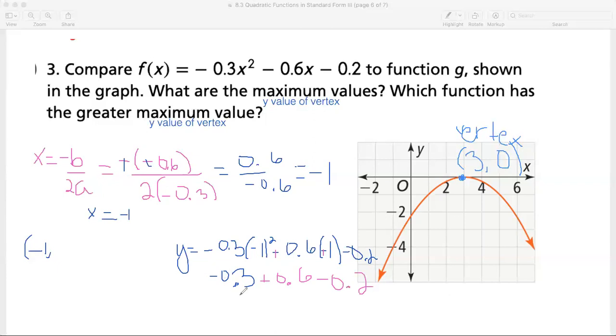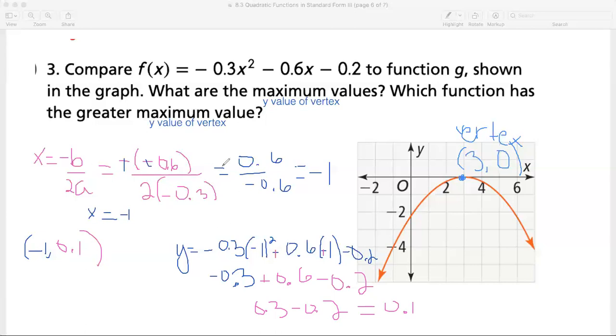So negative 0.3 and 0.6 turns into positive 0.3, minus 0.2, which turns into 0.1. So the y value of my vertex is 0.1.